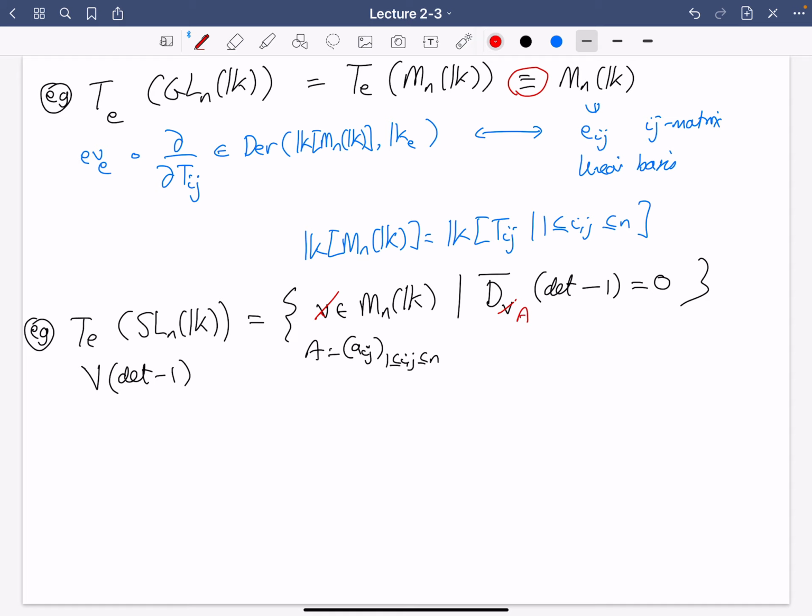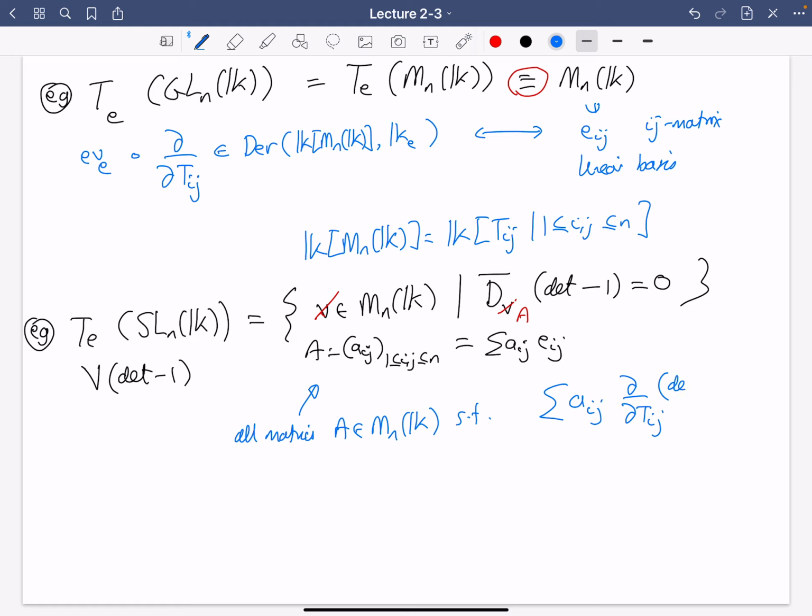So it's all matrices A in the matrix vector space Mn of K, such that, so I'm just translating all of this, of course that matrix is the sum of the aij's times the ij matrix units, and the ij matrix unit corresponds to this d by dt ij, and we want it to kill determinant minus 1 when you evaluate at E.